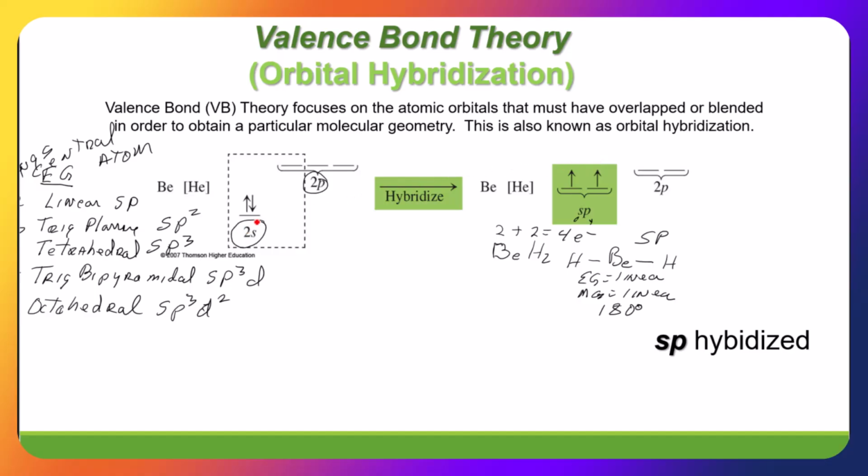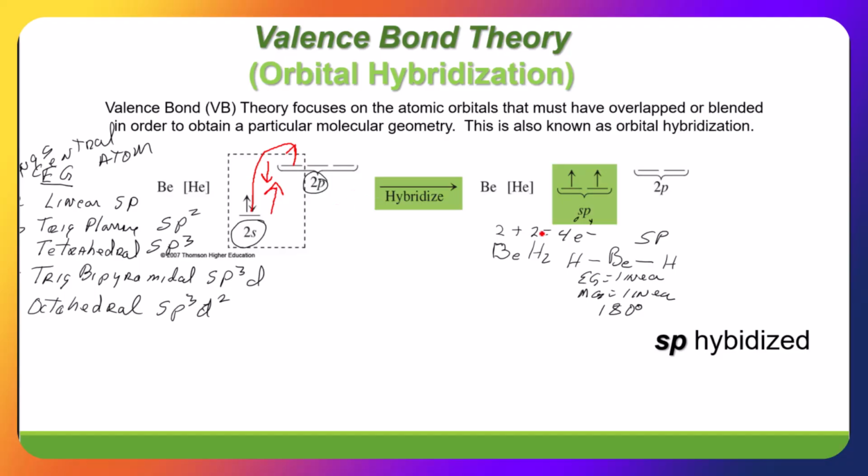So we pay an energy price to promote an electron to a 2p. Then we equalize the energy. The 2s comes up, the 2p comes down in energy, and so we have 2 unpaired electrons in beryllium, and so we have what we call the hybridization for beryllium, which is sp.